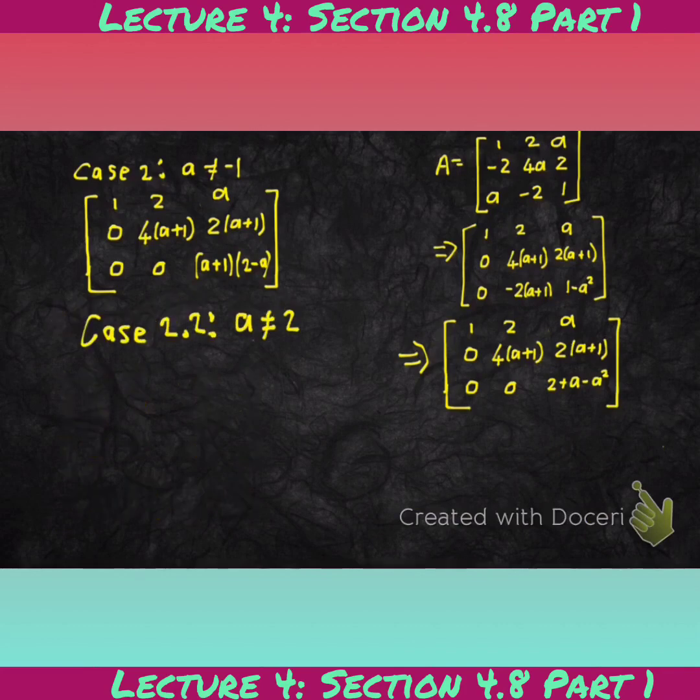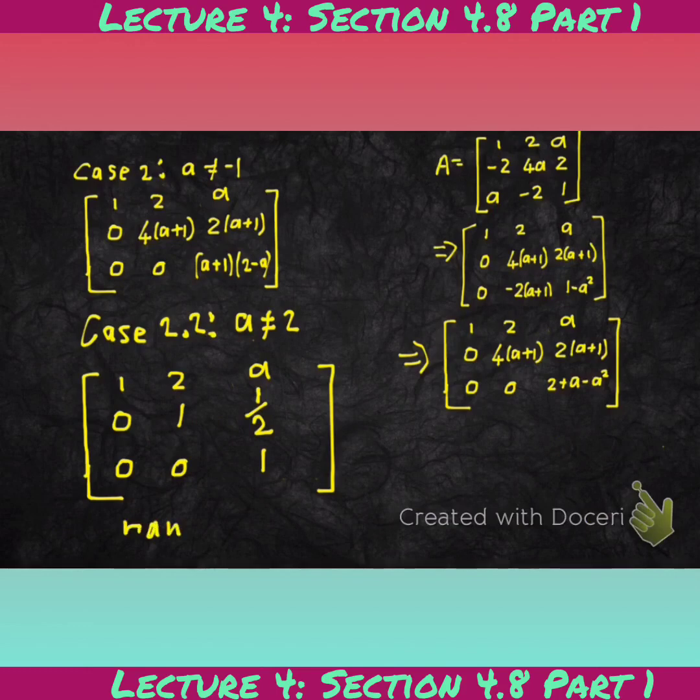Then case 2.2 is when a is not equal to 2, and in that case our matrix becomes the reduced row echelon form. How many leading ones are there? There are 3 leading ones. So the row space has dimension 3, and the rank of the matrix A for this case is equal to 3.